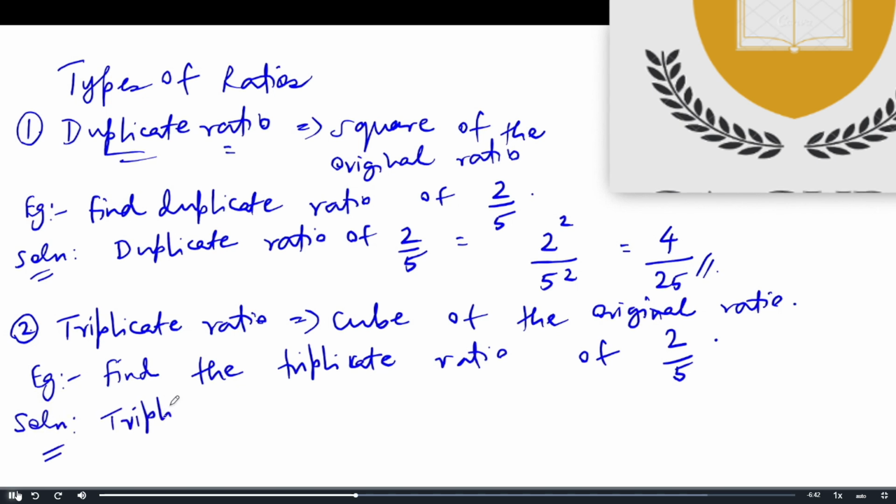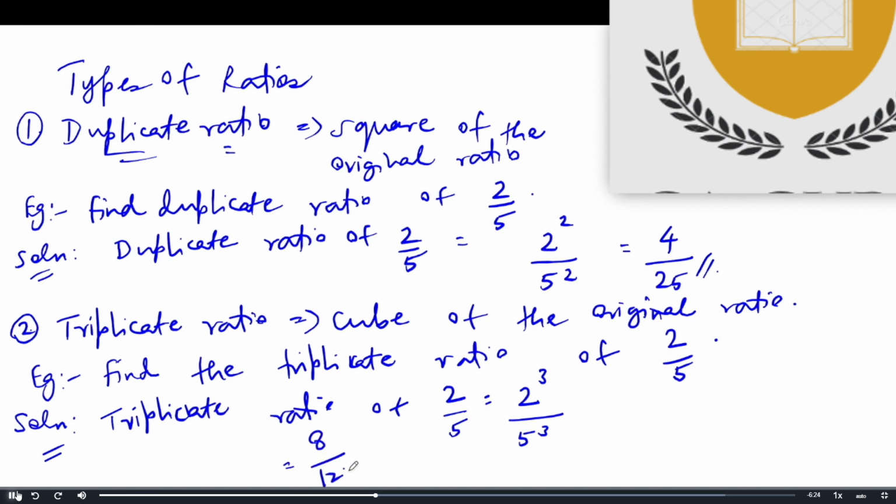Solution, triplicate ratio of 2 by 5 is equal to 2 cube by 5 cube, which is equal to 8 by 125.